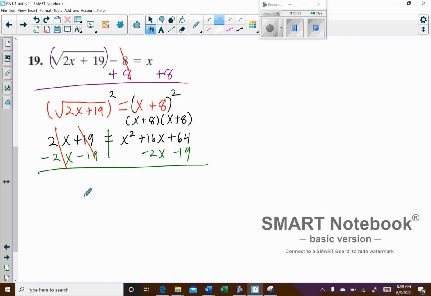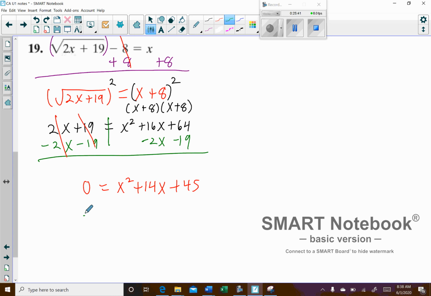So that cancels. 0 equals x squared plus 14x, and then plus, let's see, what is that, 45? There we go. All right. So we'll go ahead and factor that. So let's see, multiplies to give us 45, add to give us 14.